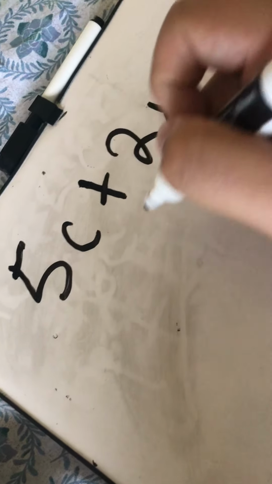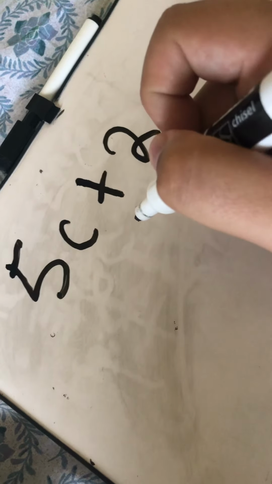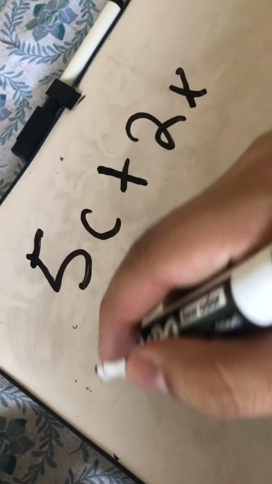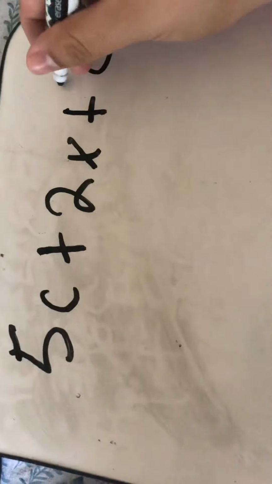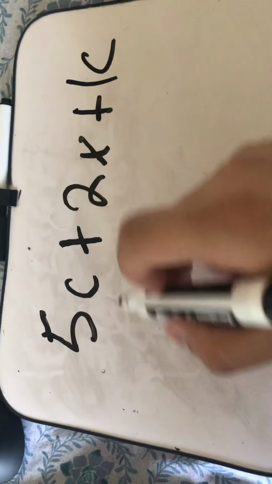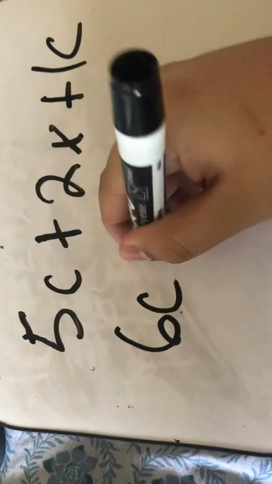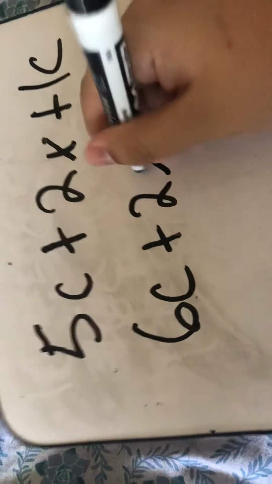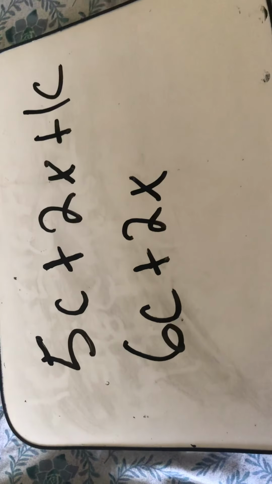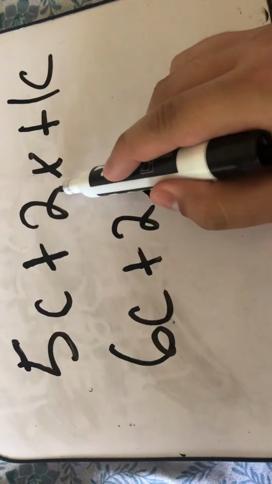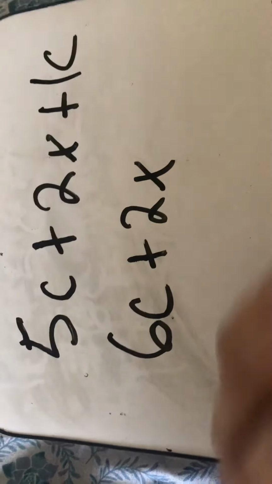Although both are variables, they're not the same variable, okay? It has to be the same variable. So if you had a plus c right here, and as I explained before, you could add a 1 in front of it. 5c plus 1c is 6c plus 2x, okay? And you leave it like that because you can't combine the 2x with the c's, okay?